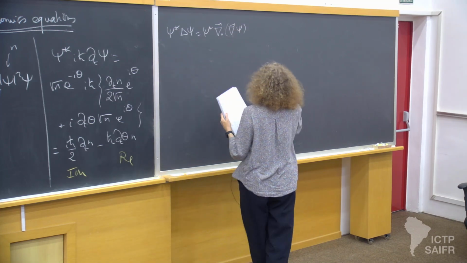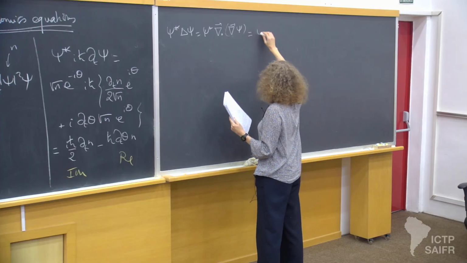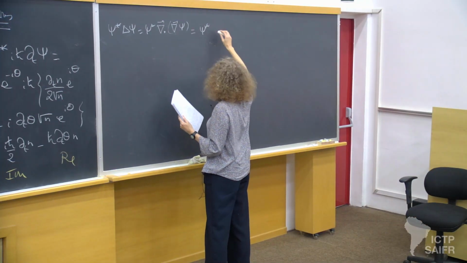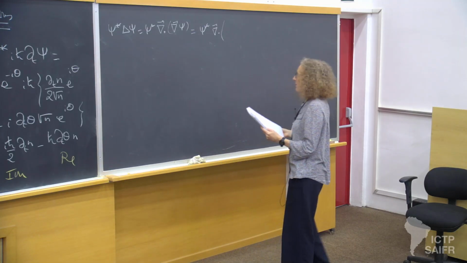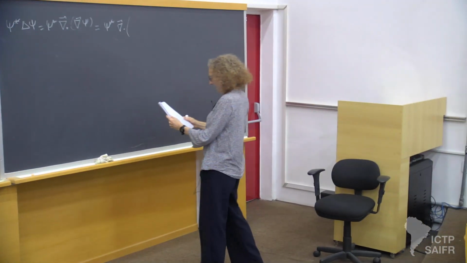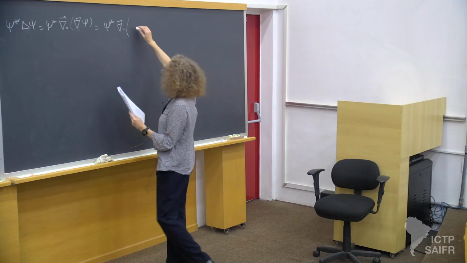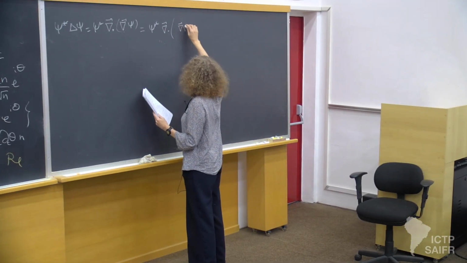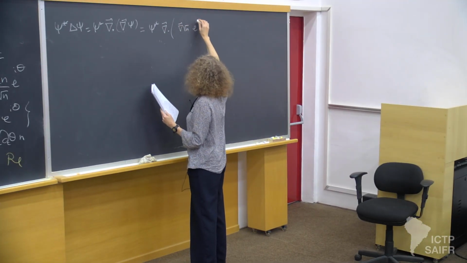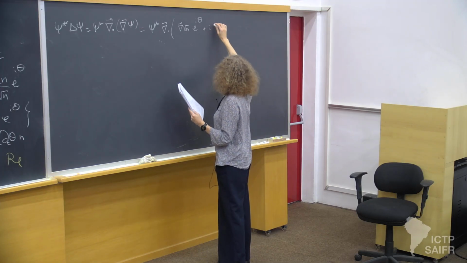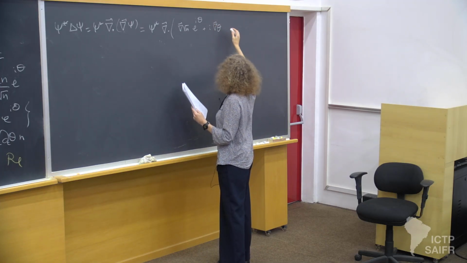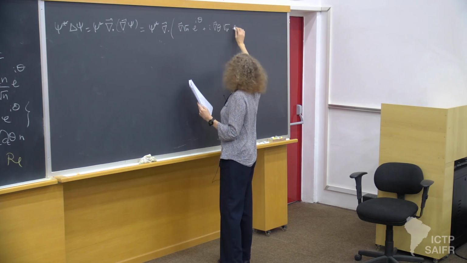And for the gradient of psi, I have two terms again, in the same spirit of that one. I have a term with the gradient of square root of n, and then e to the i theta, plus i, the gradient of theta, square root of n, e to the i theta.